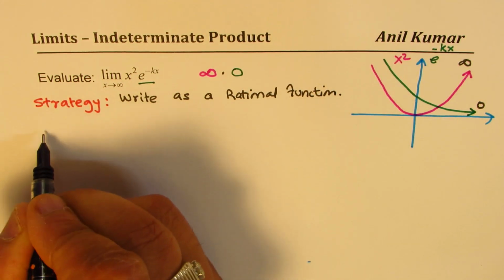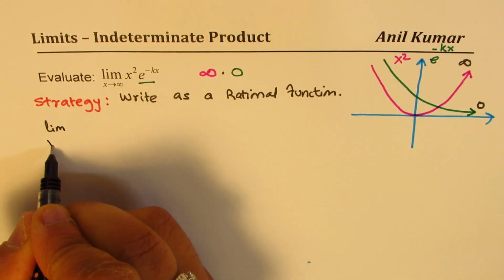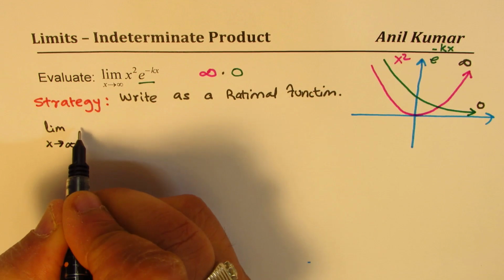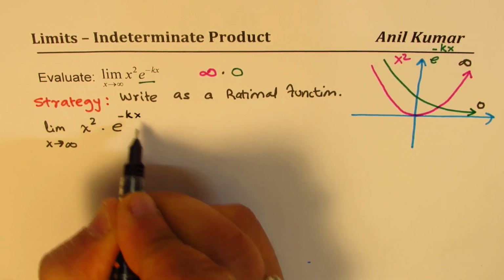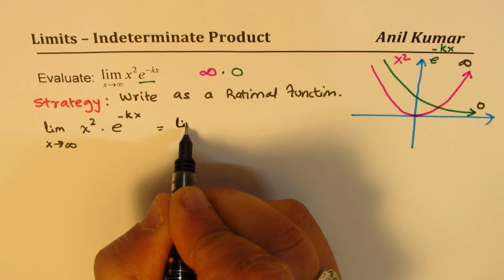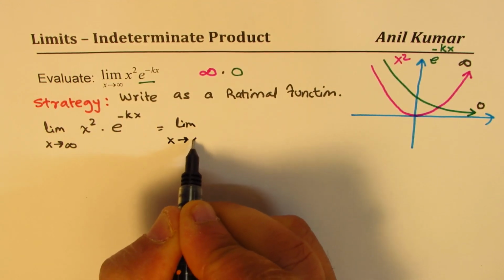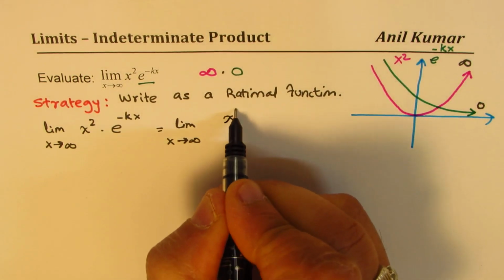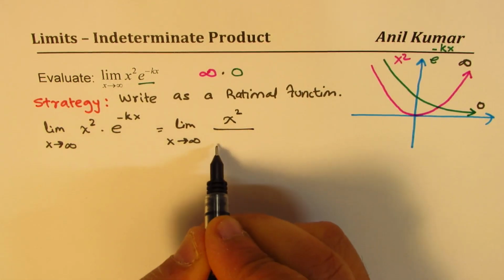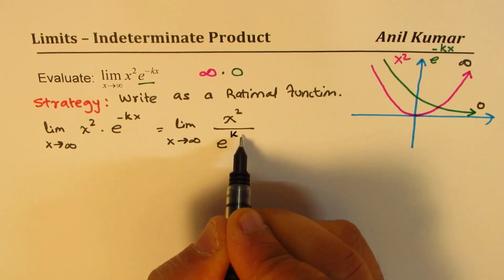Correct? So we'll say, let this limit, when x approaches infinity, for x squared times e to the power of minus kx, we could write this as limit x approaches infinity. While minus indicates that it is better to take the second term in the denominator, so we get e to the power of kx.